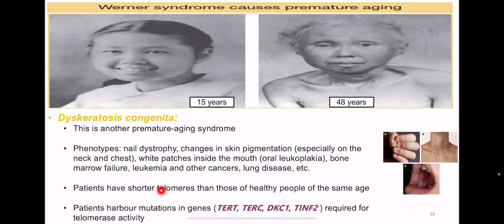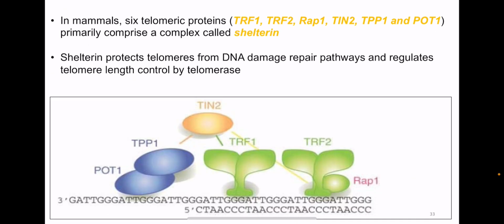Also bone marrow failure, leukemia, and some other cancers as well. Patients have shorter telomeres than healthy people, and there are mutations in some genes associated with telomerase activity. Examples of these genes are TERT in telomerase, DKC1, and TIN2. TIN2 is also in the shelterin proteins, right?